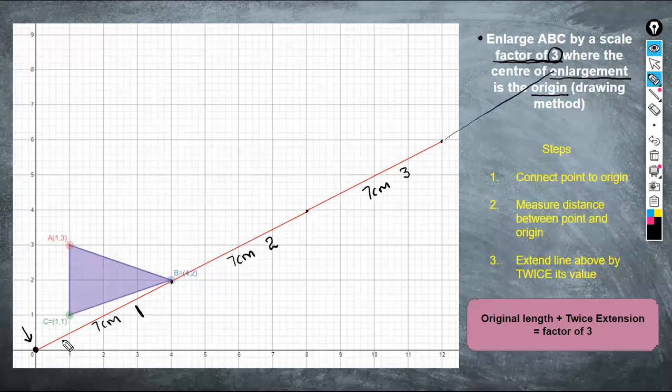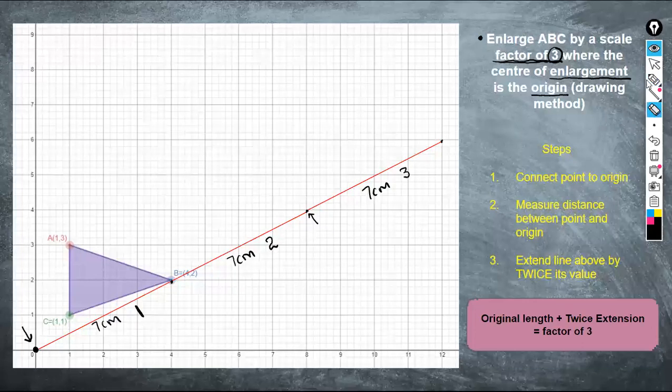So instead of extending it by 3, they ended up enlarging it by 4 by mistake. So you have to be really, really careful about that. The first line that you draw from the origin to the point counts as 1. If they had asked you to enlarge it by a factor of 2, the first 7 centimeters would be 1 and the next 7 centimeters would be 2, and I would stop the question there. But this one is 3.